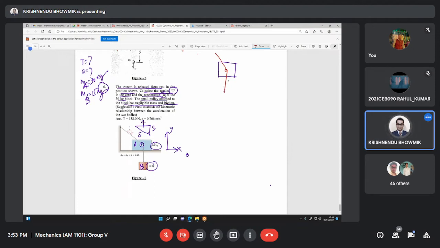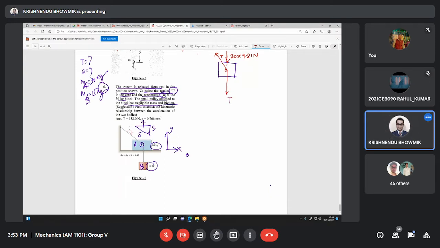It is like this. Let it be in the vertical direction. Now, in the vertical direction, it will be 30 multiplied by 9.81 Newton. If it is T, then this cord here also is T. Is it not?